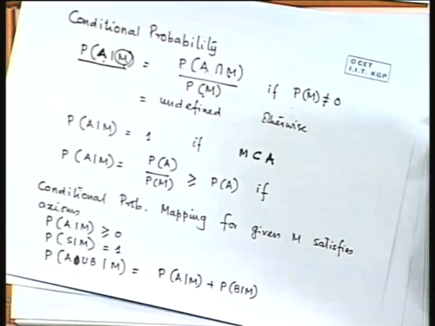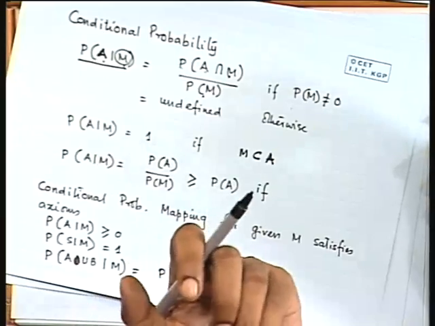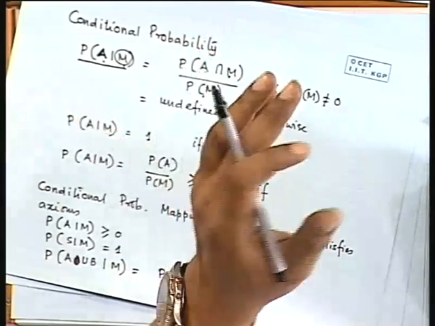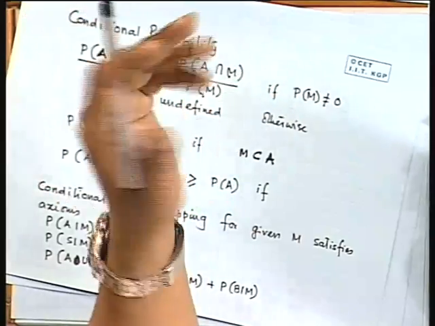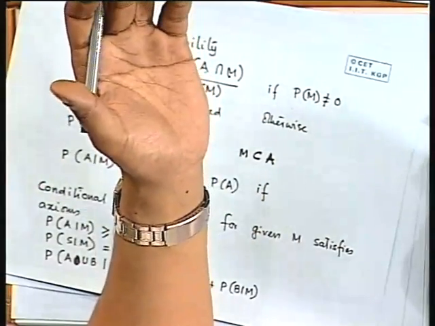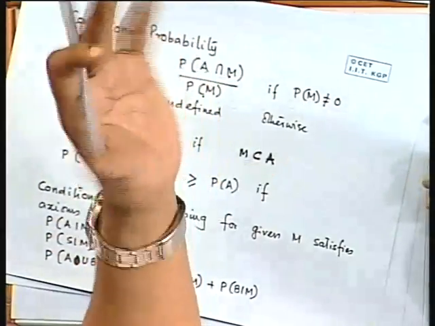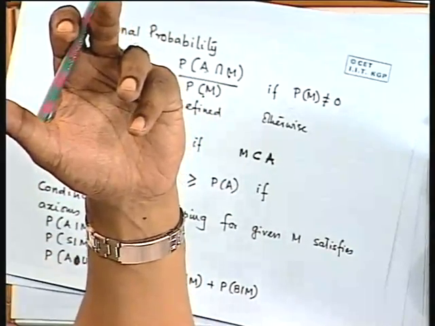Because if M has happened, then A has already occurred. Once you are told that M has happened, A itself has been satisfied, so there is no uncertainty about it.